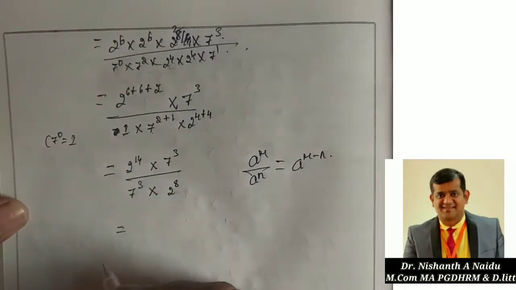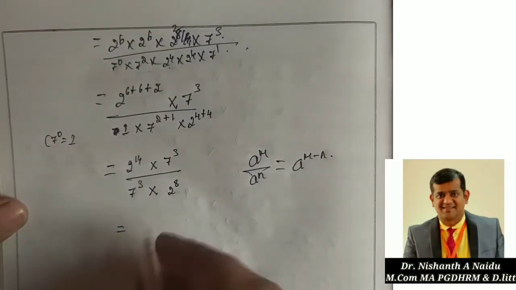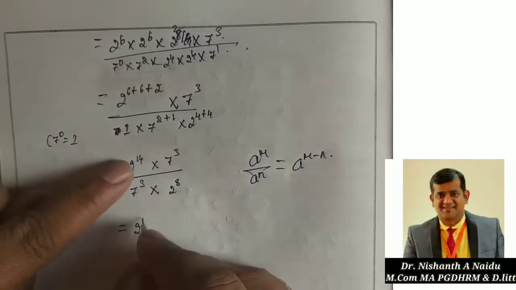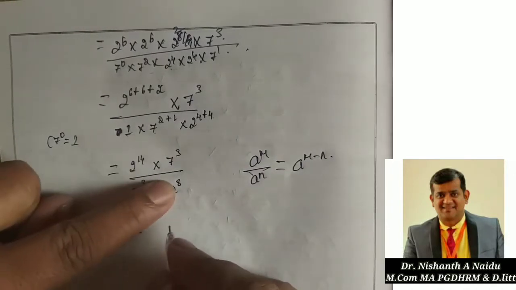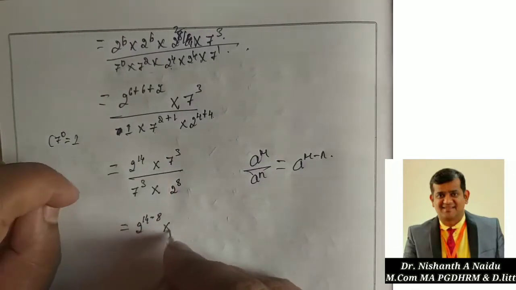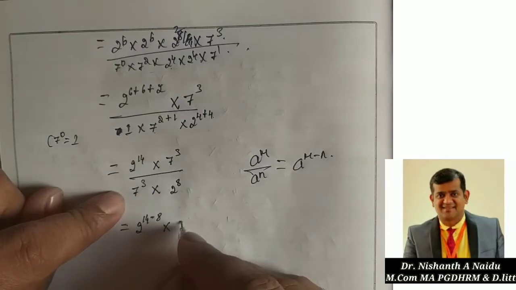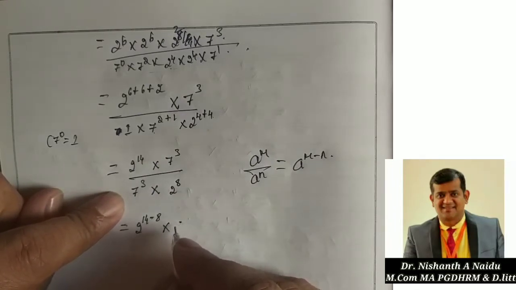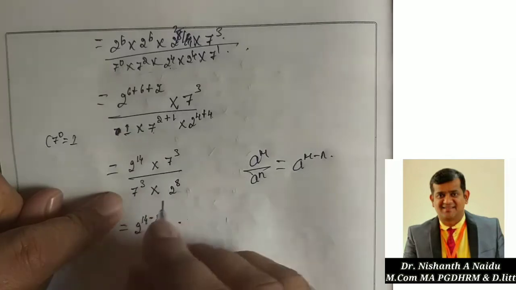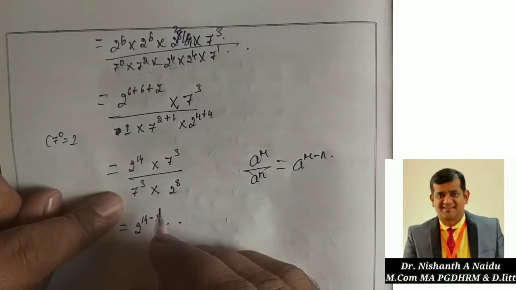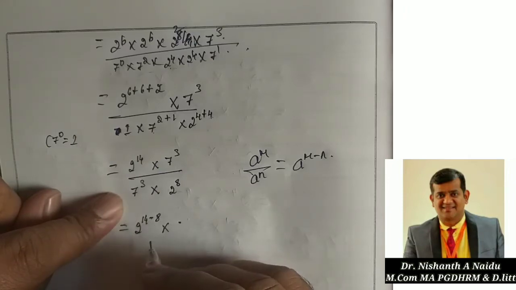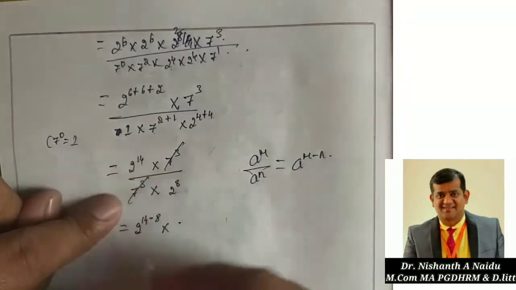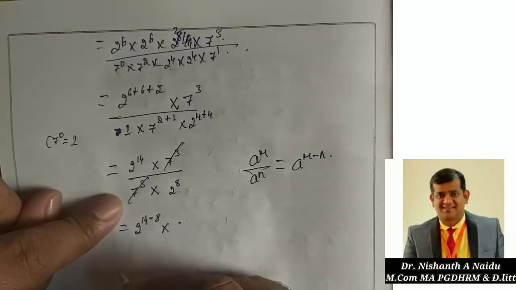But since we need the answer exactly, it is 2 to the power 14 minus 8 into 7 to the power 3, right? So that we can cancel directly. Not an issue. 7 to the power 3, 7 to the power 3 get canceled.